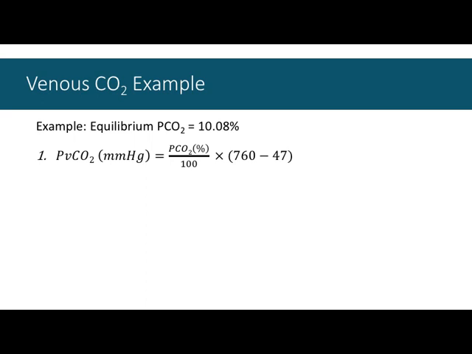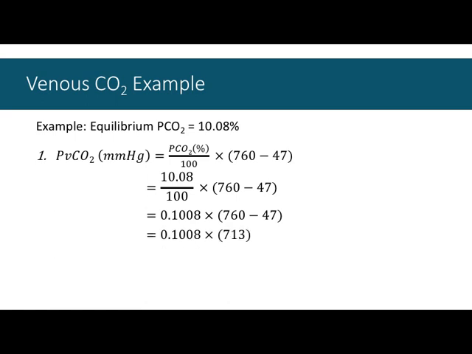Partial pressure is very easy. 10% of the pressure in that system is due to CO2, so 10% of atmospheric pressure is due to CO2. I can plug the numbers in directly: 10.08 over 100 of the atmospheric pressure, when we correct for water vapor, means 71.87 millimeters of mercury is our partial pressure of CO2.